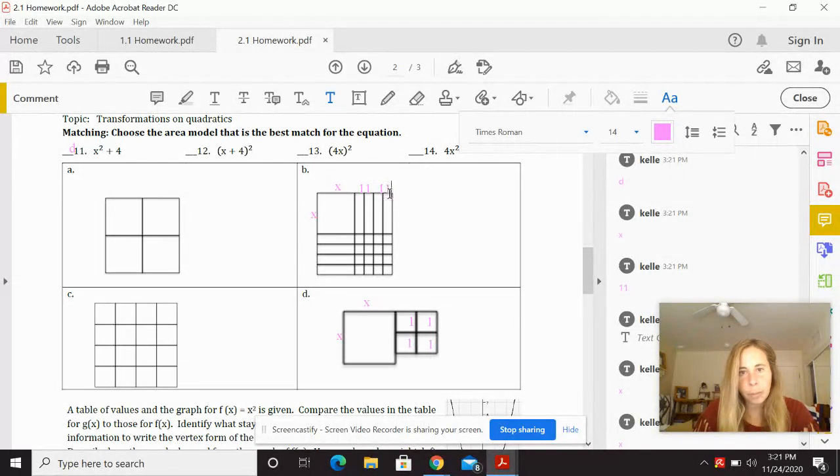Oh, sorry, and 1. Okay, each of these is 1. Okay, 1, 1, 1, 1. So once again, that's x plus 4 squared. So that's kind of how you're seeing that pattern.